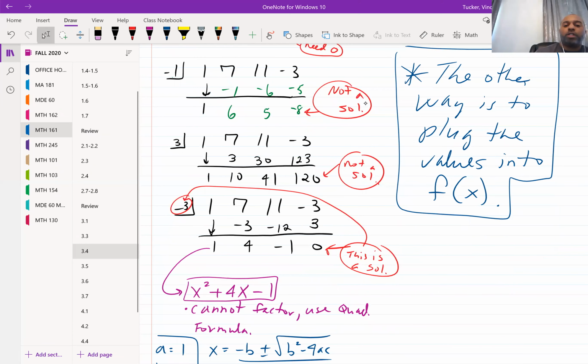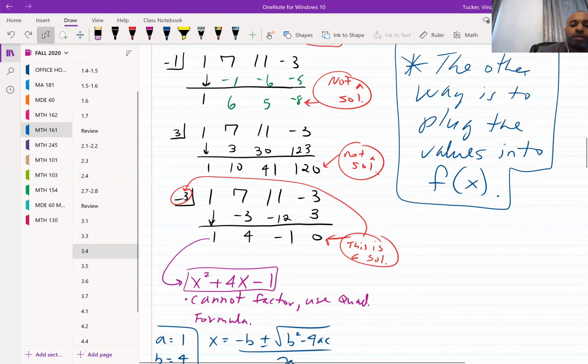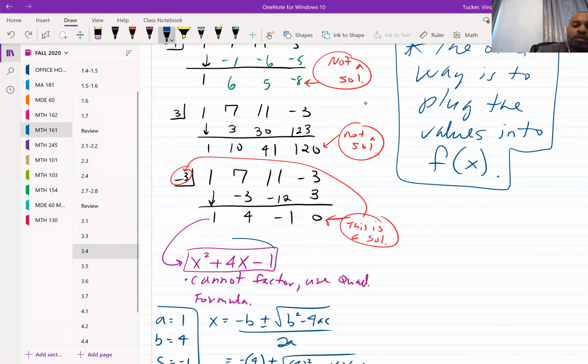All right, any other questions before we look to finish this off? Okay, so we have x minus 1. Remember, you start off with one exponent less than what you originally had. We had x cubed, so now we have 1x squared plus 4x minus 1. We broke the function down to x squared plus 4x minus 1. Cannot factor this out, so we use the quadratic formula.